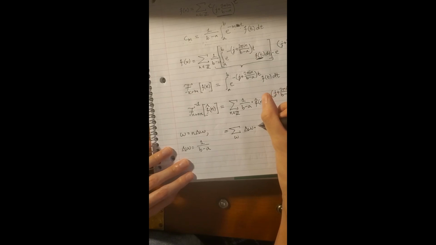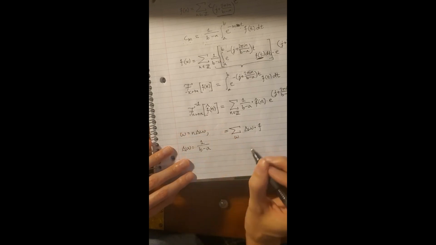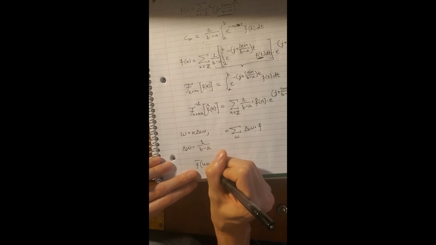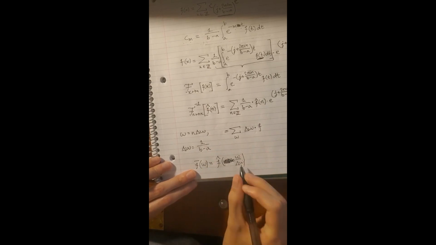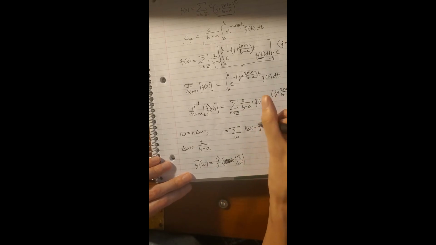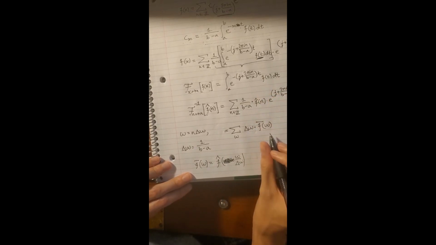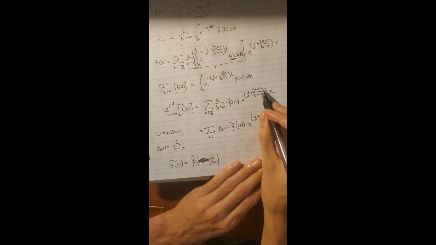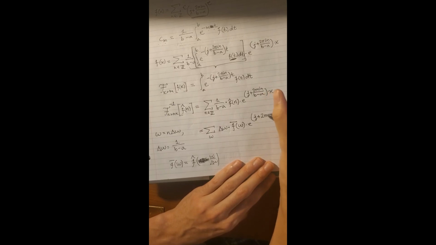So if we define a new function, let's call it f hat or f bar of w, that'll give us the value of n that corresponds to w. Then this is equal to f bar of w times e to the j plus 2 pi i n delta w, which is just w, so 2 pi i w times x.